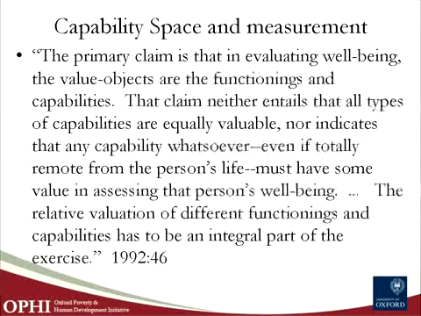The relative valuation of different functionings and capabilities has to be an integral part of the exercise. So when I was really emphasizing, please justify your choice of dimensions, please justify your choice of weights, it's because for the capability approach, how you select these has to be central. And because it will be contested, and perhaps should be.